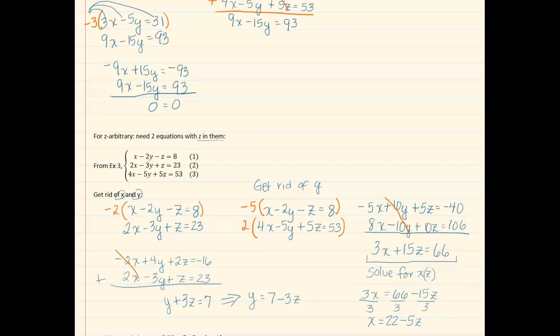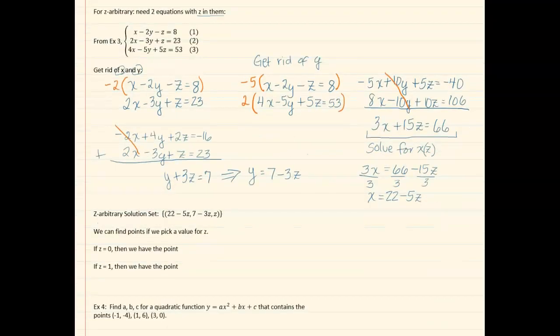So last but not least, we have a value for our x. That's this equation that we found. We have a value for our y in terms of z. That's this one right here. And then we have z arbitrary.